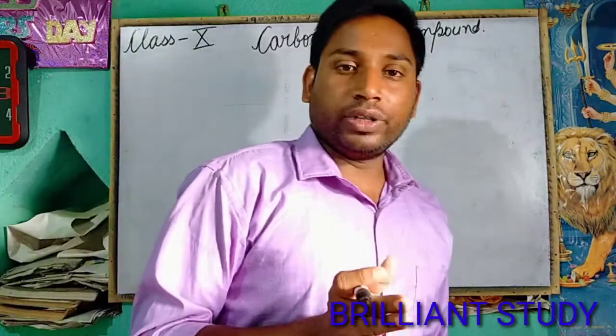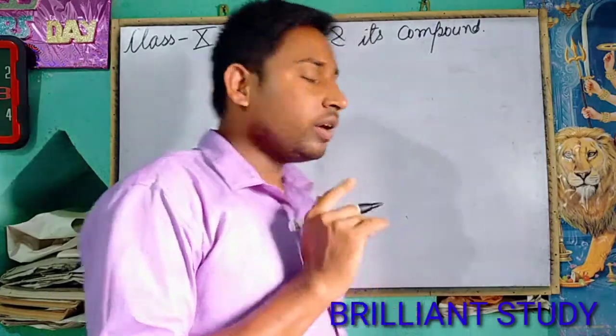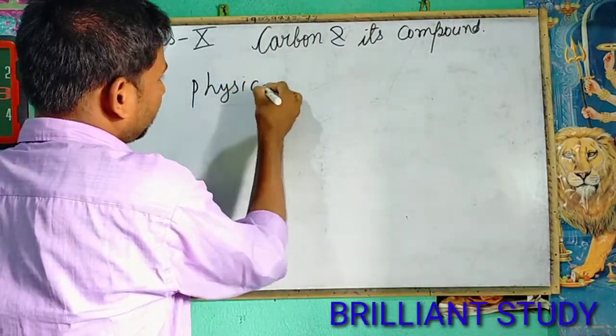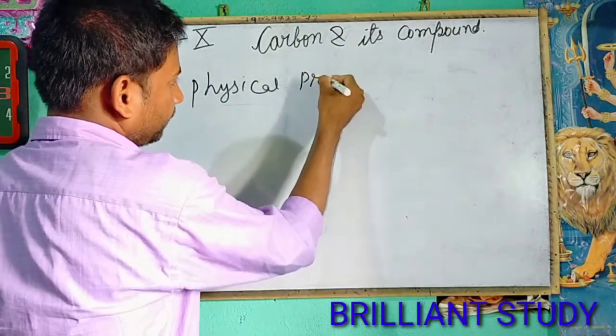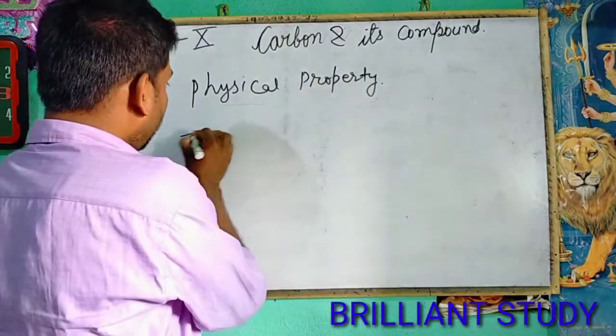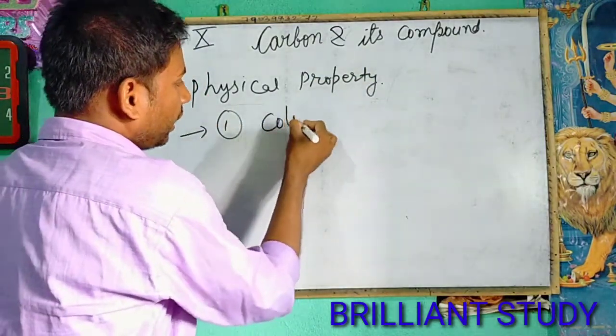Now discuss about the properties of ethanoic acid. First, we will study about physical properties of ethanoic acid. Its first characteristic is it is a colorless liquid.